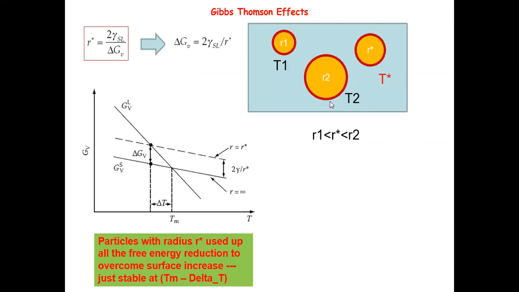And now how can we use this to understand what we already know about the stability of these nuclei? So we know that now I cool the system to Tm minus delta T. I still choose delta T to be my supercooling, and I call this temperature T star. So my T star simply equals Tm minus delta T, which is right here. This is the system's temperature. We choose the system to be at this temperature.